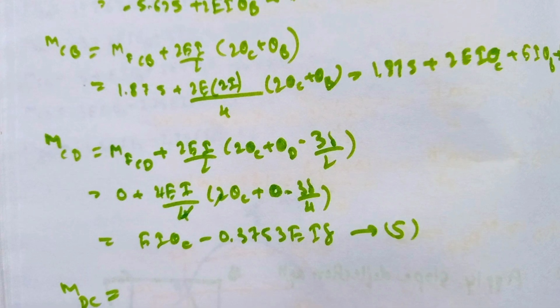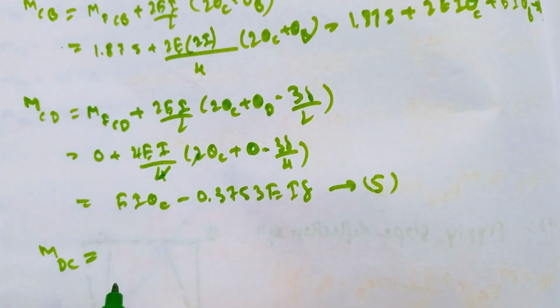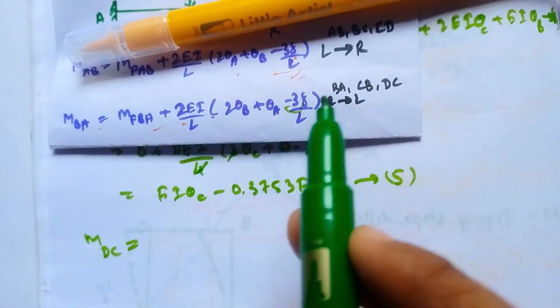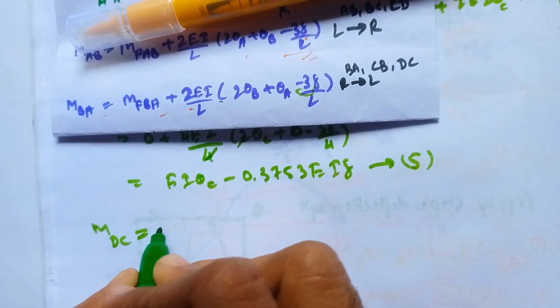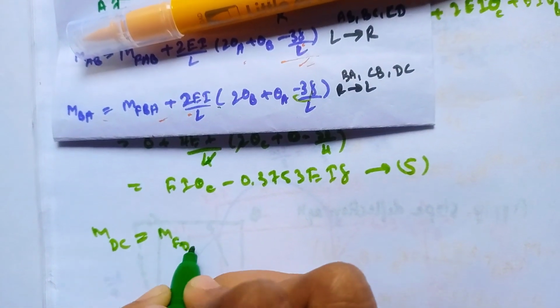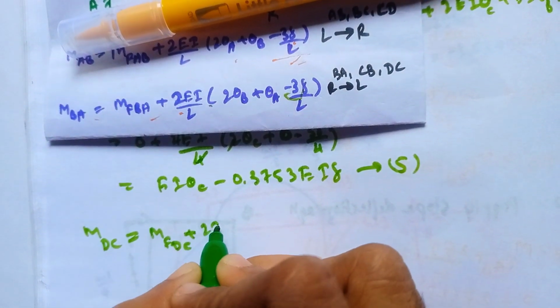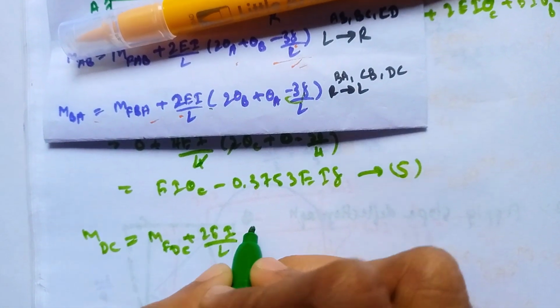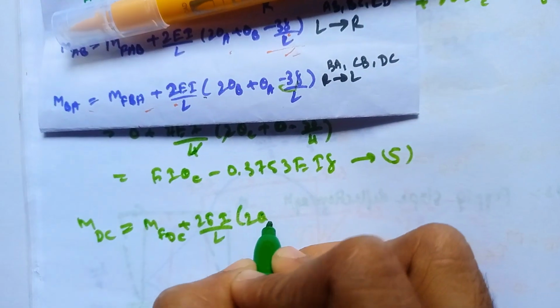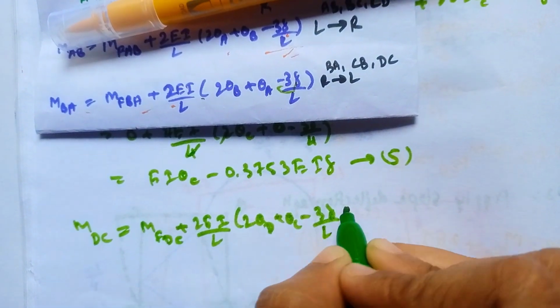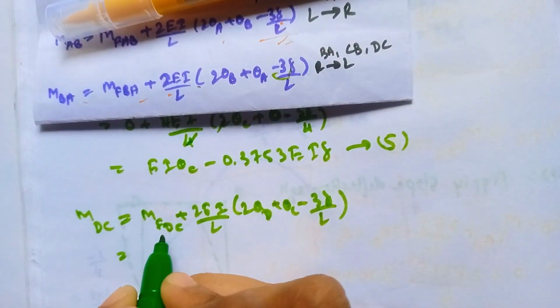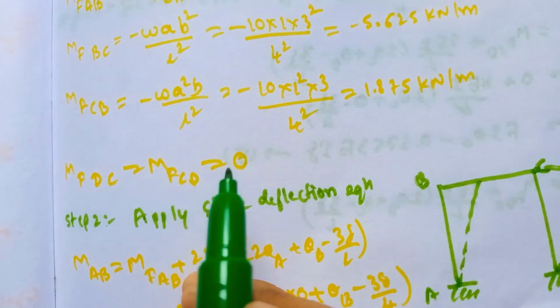So now MDC is equal to, we have the formula. In case of BA, we need to substitute DC. MFDC plus 2EI divided by L, 2 theta D plus theta C, minus 3 delta divided by L, because it is the vertical member, we need to add it. The MFDC value we got was 0.